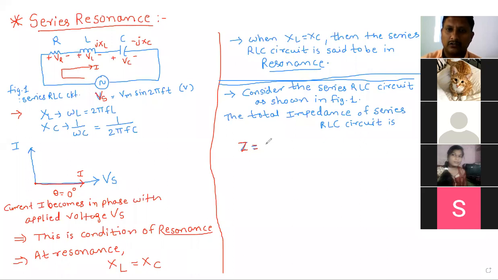As it is, we can take Z is equal to R plus jXL minus jXC. So this will be equation number 1.